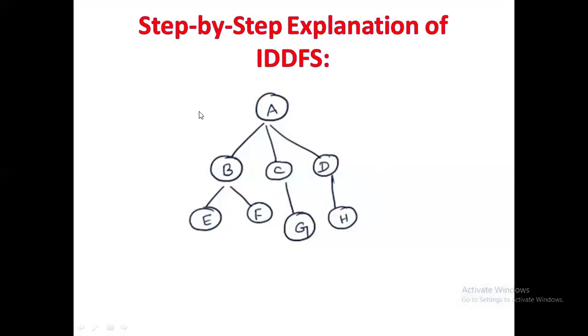So this is one example graph for this IDDFS, that is iterative deepening depth first search. In this case, we begin with the node A. Node A is the parent node, the starting point, and here this is the goal node.